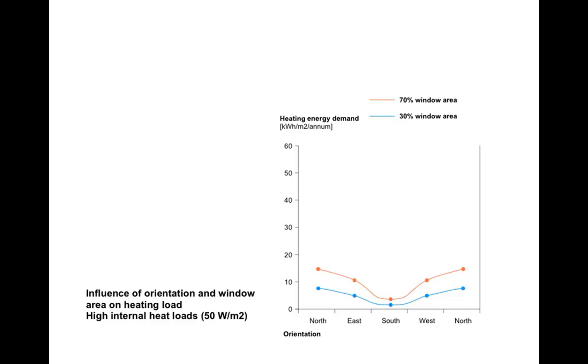So it's a big difference between a space which has high internal heat loads and a space which has no internal heat loads. When you move to spaces with high internal heat loads, you become much more concerned with keeping them cool enough. Okay, and that's the comparison there with the normal heat load. So you can see that the difference in the amount of heat that you have to provide is quite substantial.